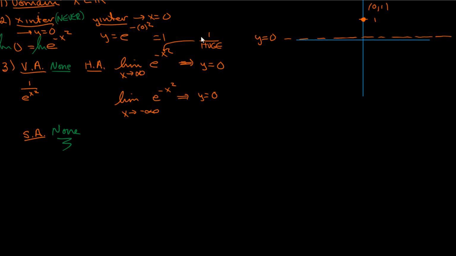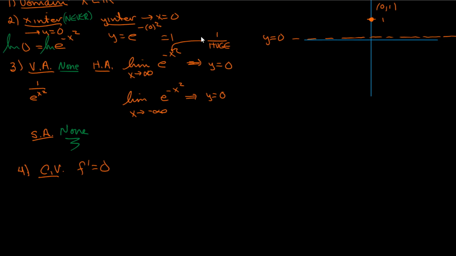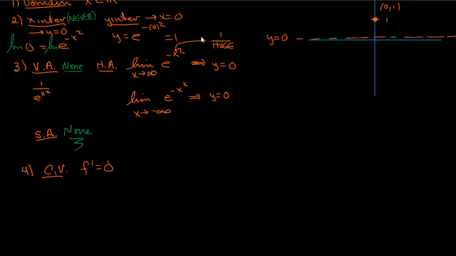On to step number 4, which is going to be our critical values. Notice there are a lot of steps to this, but you just take them one at a time and you can get through it. Okay, let's do the critical values. This is where the first derivative equals 0. The first derivative equals 0 means that we're going to have e to the negative x squared times the derivative of the exponent, which is going to be a negative 2x, equals 0.